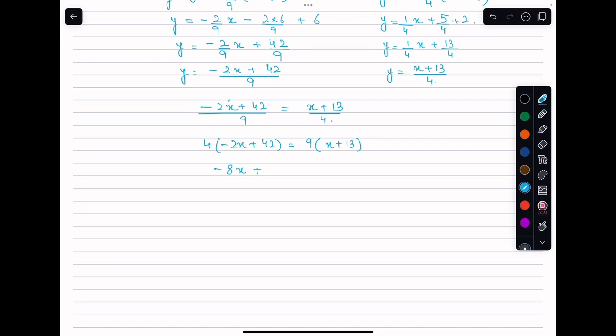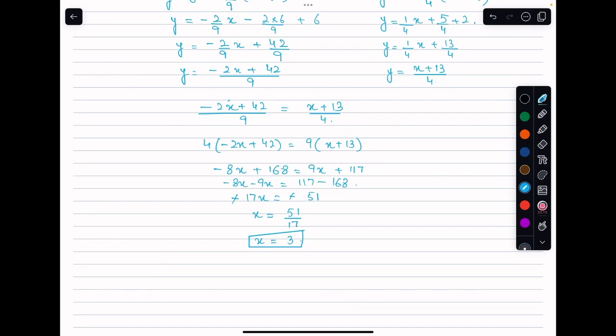Negative 8x plus 168 will be equal to 9x plus 117, or I can say it's going to be negative 8x negative 9x, which is 117 minus 168, or negative 17x will be equal to negative 51. The negative gets cancelled, and x value here is going to be 51 divided by 17, and I can say that this x value comes out to be 3.